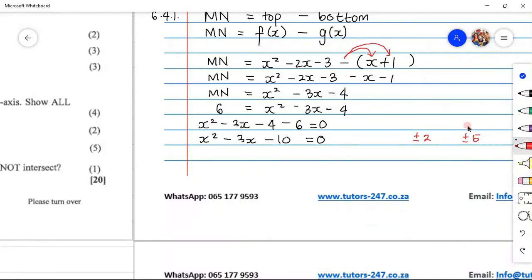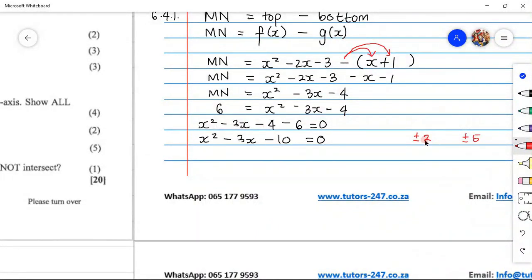Now, if we look at positive 2 and positive 5, that's going to give us positive 7, which is not what we want. If we look at negative 2 and negative 5, that is going to give us negative 7, which is not what we want. We want the factors of negative 10, when added, to give us negative 3.